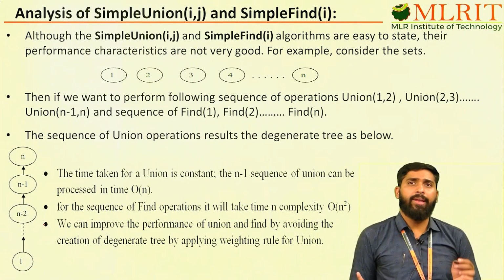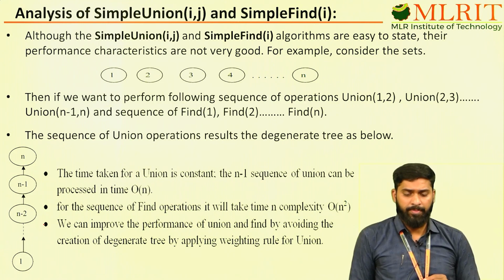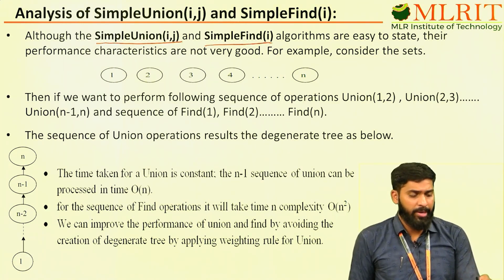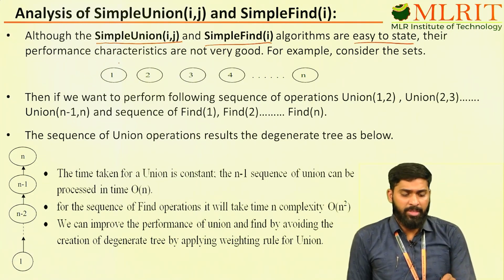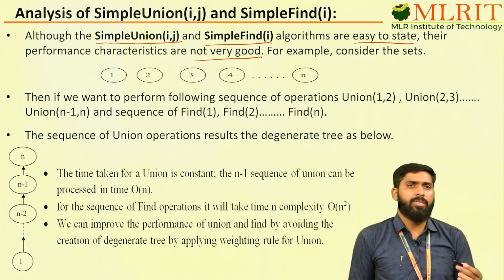Now we analyze simple union and simple find. Although the simple union and simple find algorithms are easy to state, their performance characteristics are not very good. Why? The time complexity is high. Let us discuss with one example.